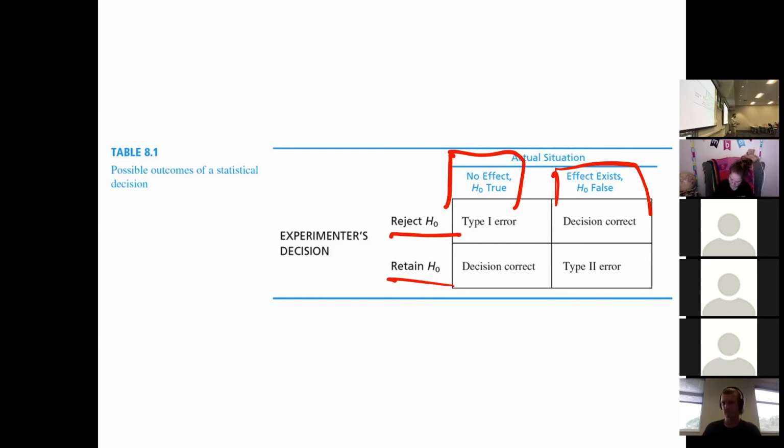So if we reject the null hypothesis, when we should have actually retained the null hypothesis, that's our false positive, our type 1 error. When we reject the null hypothesis, and we should, in fact, reject the null hypothesis, that's a correct decision.